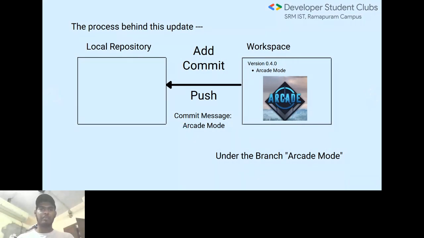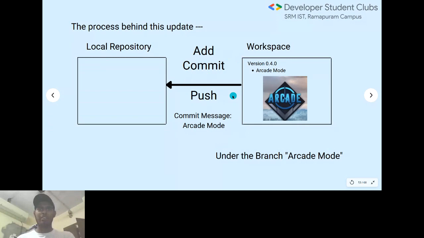After adding that, the developer has to commit it. Let's say I'm going to add this to the local repository. So you give the commit command, and after you give a commit command, you have to give a commit message. Let's say I have created arcade mode, so the message is something like, arcade mode is implemented.